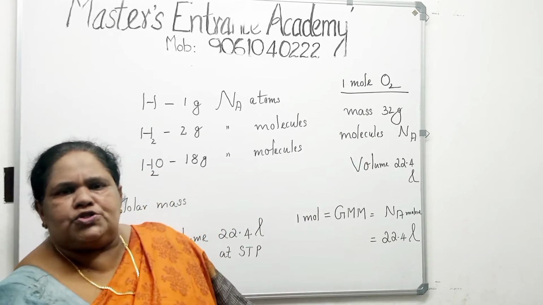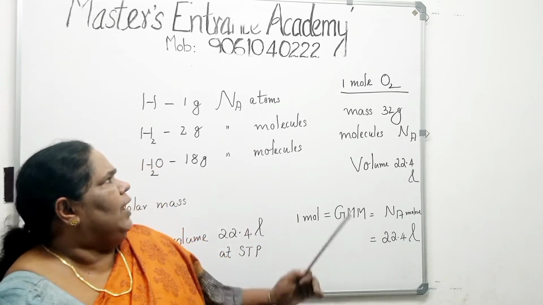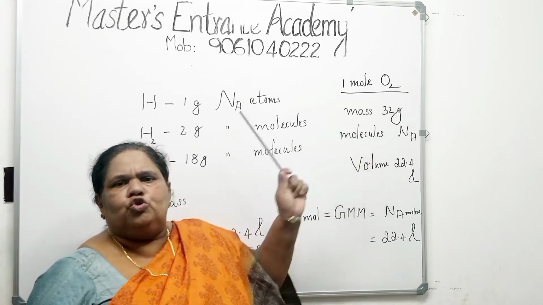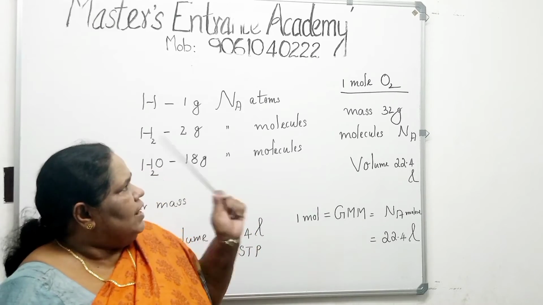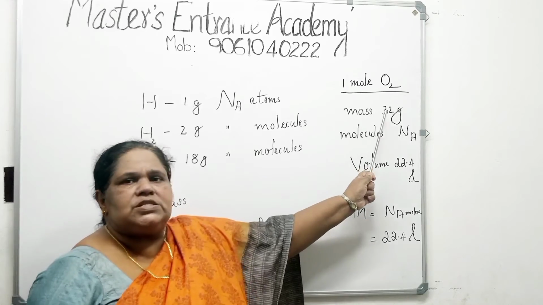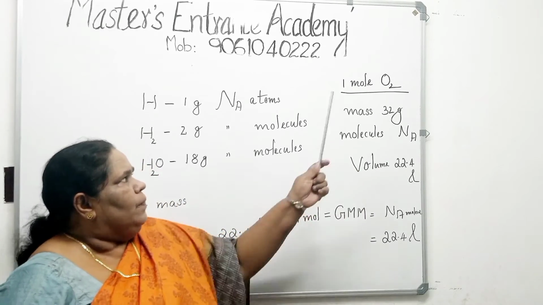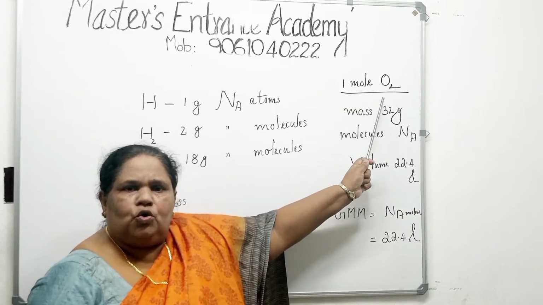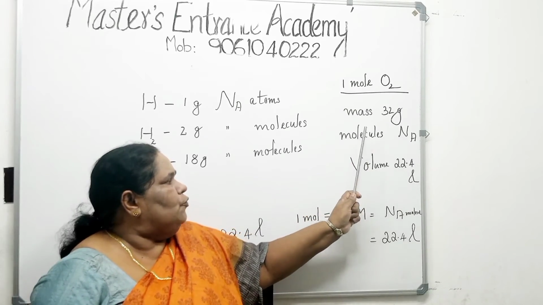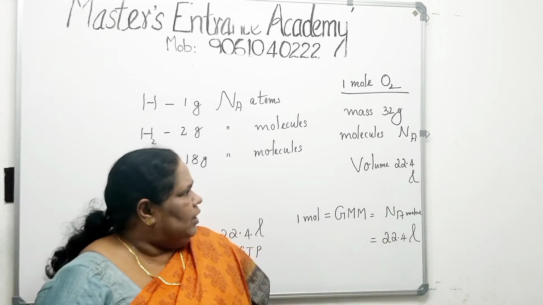Then see children, next, 1 mole of oxygen. What information is given by 1 mole of O2, 1 mole of oxygen gas? First information is its mass is 32 grams. Second information, O2 is a molecule, so the number of molecules present is Avogadro number.